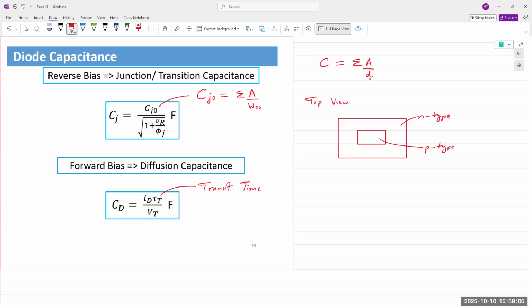How about if you look at it from the side? What do we see? Of course, the dimensions are completely exaggerated. We have this N-type structure, and we implant a P-type structure inside it.